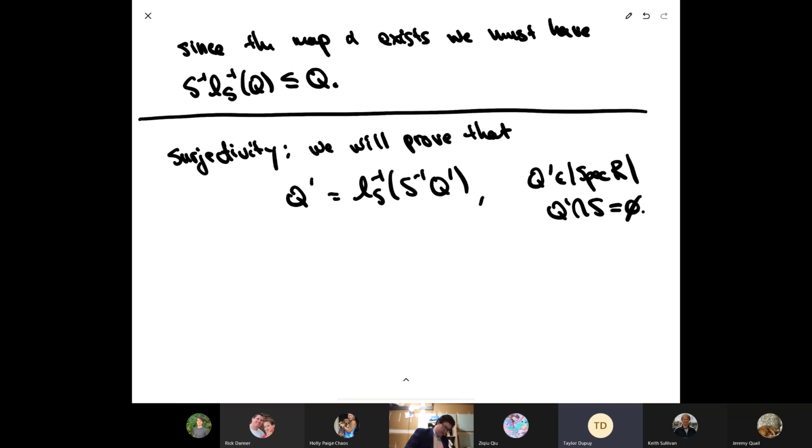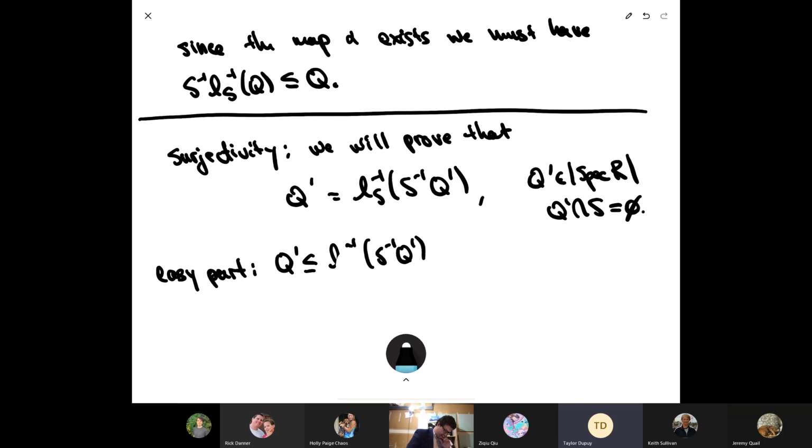Okay, so what's the easy part? It's that Q prime is contained in LS inverse of S inverse of Q prime. This is like a closure operation, so this we will omit.